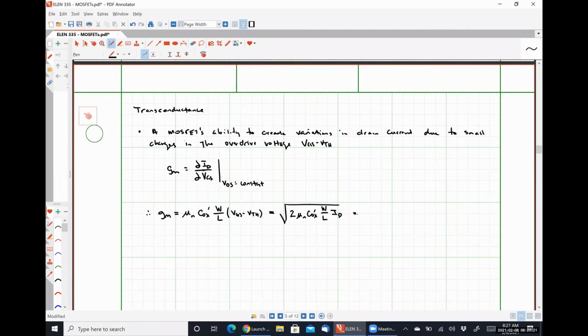And our third representation, twice ID over VGS minus VTH. All of these represent the exact same thing. It's just allowing us to determine the transconductance based on what different parameters we know about our device's operation point, okay, or the quiescent point. These are all valid specifically within the saturation region of operation, okay?